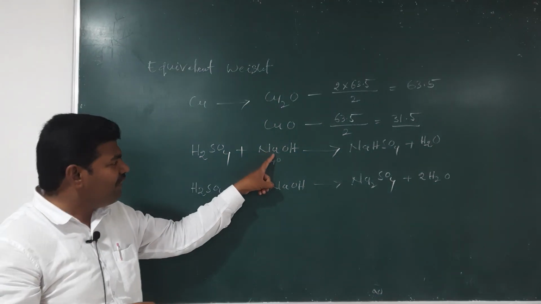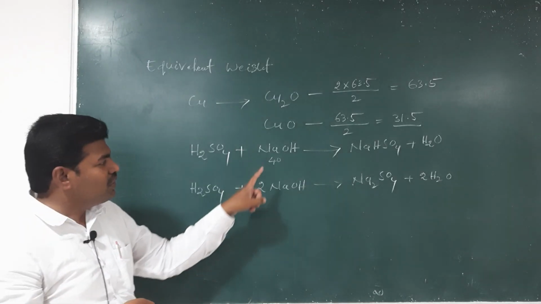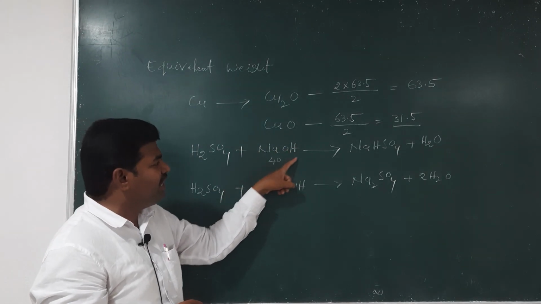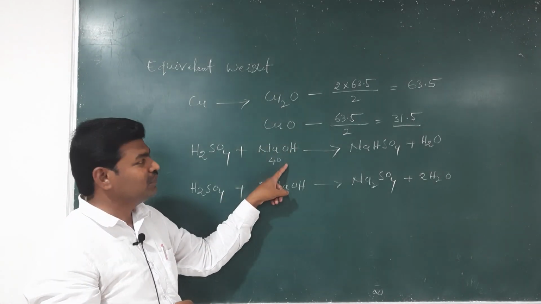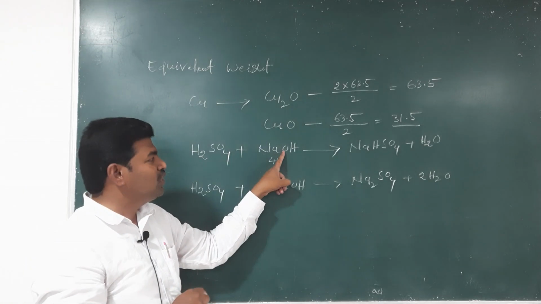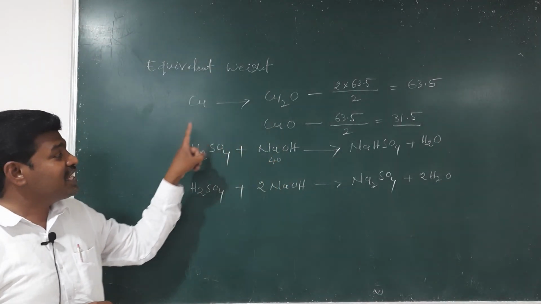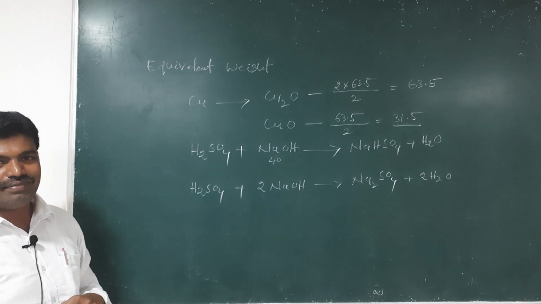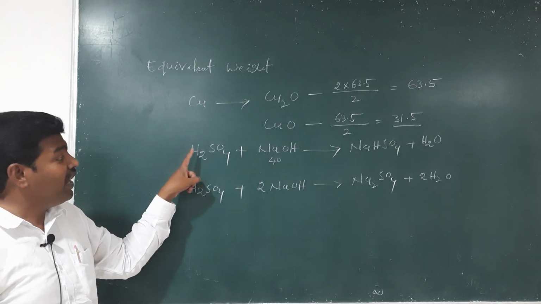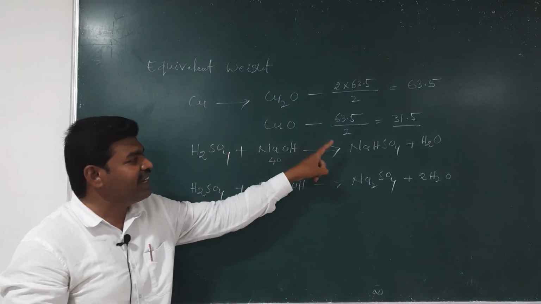So, let us calculate the equivalent weight of sodium hydroxide. Sodium hydroxide is a base. So, 40 grams of sodium hydroxide displaces 1 hydrogen to form NaHSO4.